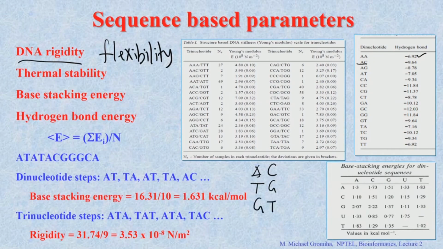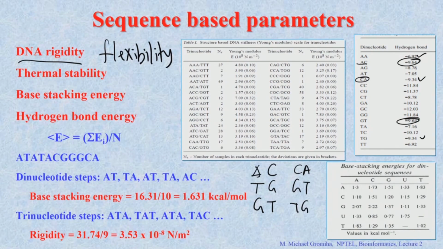So, if you see AC and GT, both are the same. Likewise, if you take another one, for example AC or CA, CA is equal to GT, so TG. This is 9.34 and TG is 9.34. How many unique pairs?